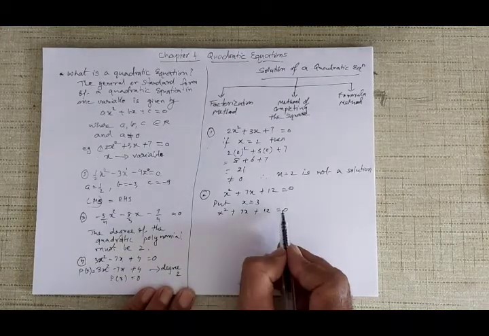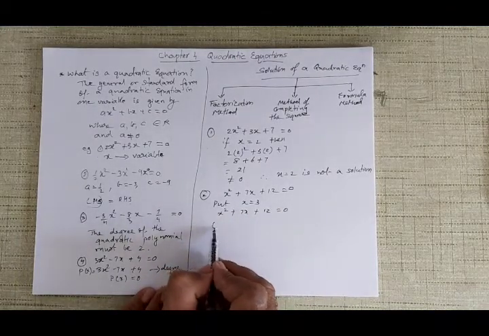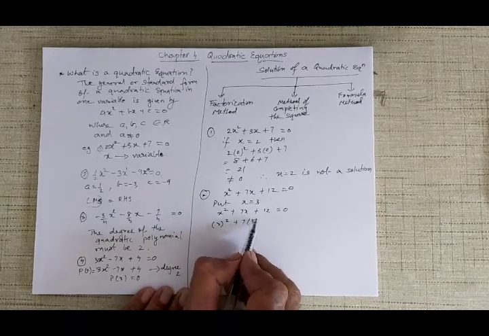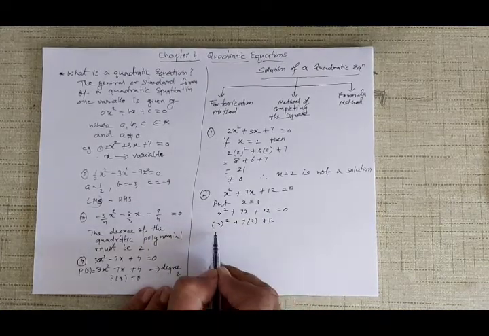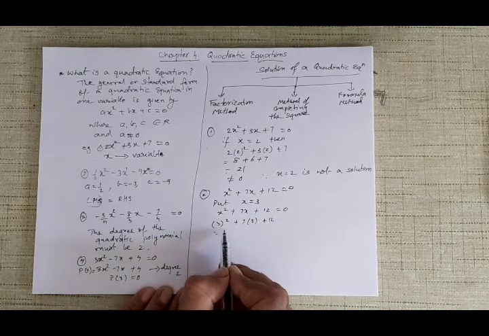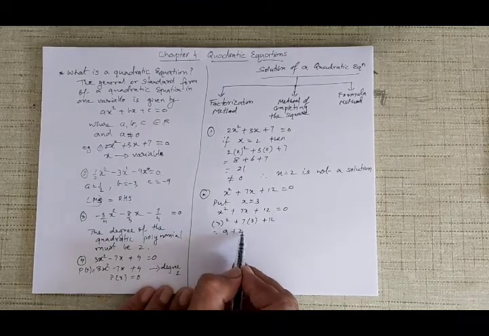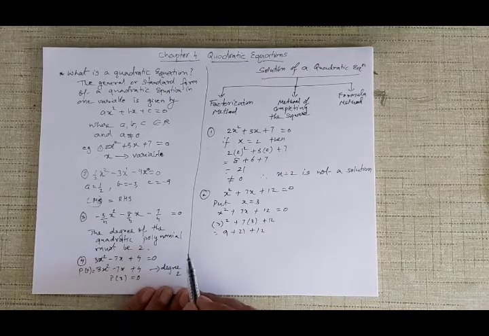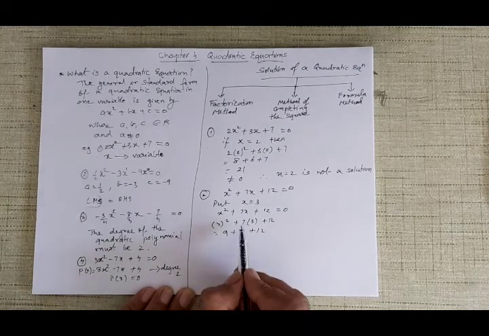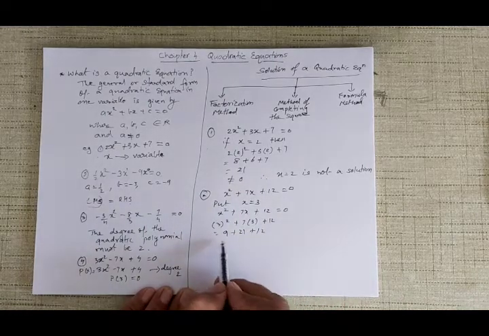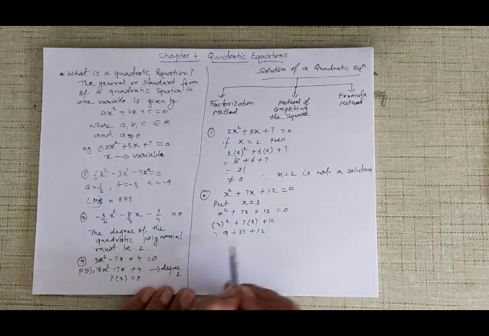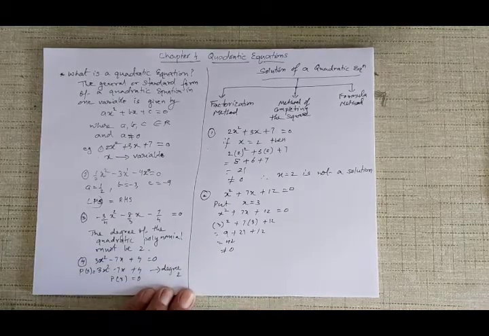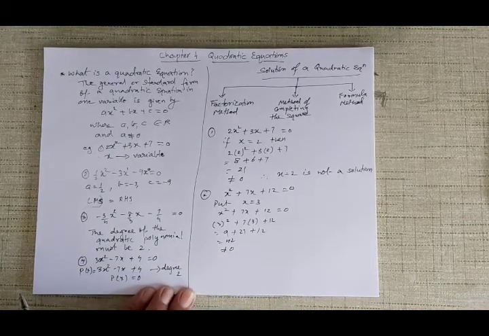We want to find out. In place of x, I am putting 3. Now let us see if it is equal to 0. 3 3s are 9, 7 3s are 21 plus 12. Is this equal to 0 or not? Now you can see that 9 plus 21 is 30, and 42. And 42 is not equal to 0. Therefore, it's not a solution to the equation.